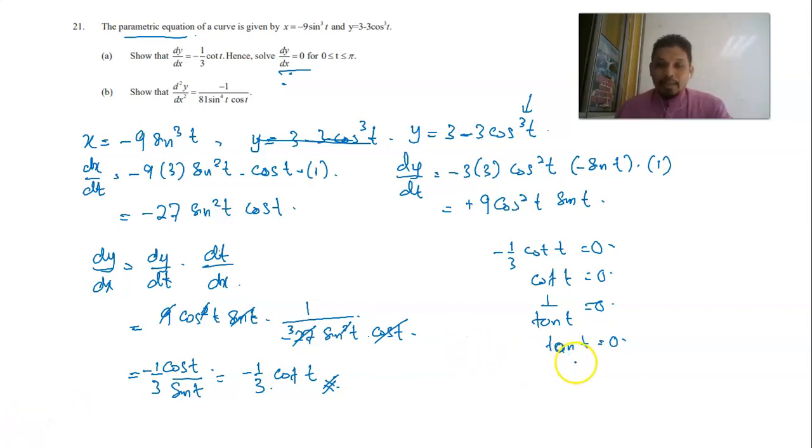Then t equal to arctangent of 0, equal to 0. To find the value of t between 0 and pi, tangent 0 equal to 0 degrees and 180 degrees. Use the calculator to get the answer.